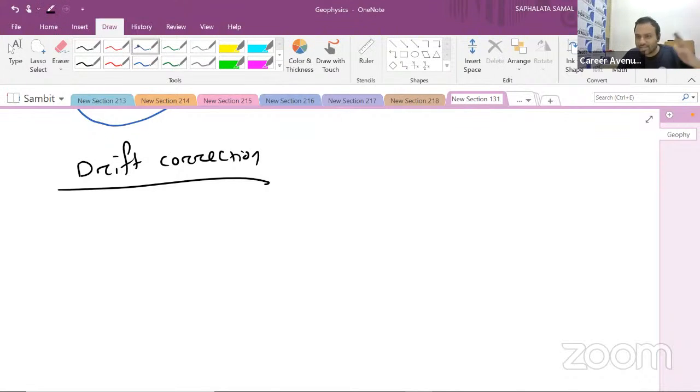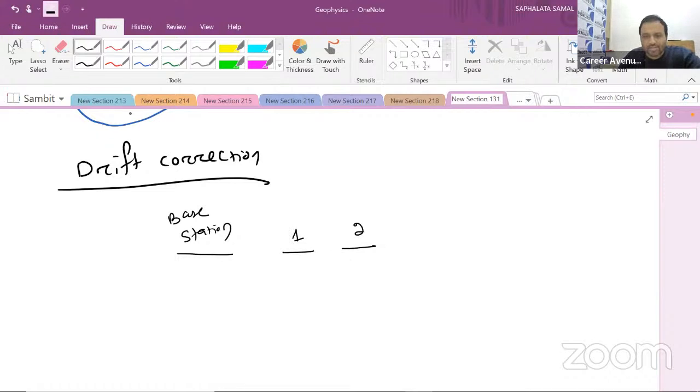Now we have discussed all these things in the class in much more detail. Those who are our students can understand quite easily. The drift correction is basically done with respect to a station. So we have a station, we call it the base station. At this location, I know the exact gravity value. Then I do the measurements at location 1, location 2, and location 3. Then I will again come back to the base station and take the measurement again.